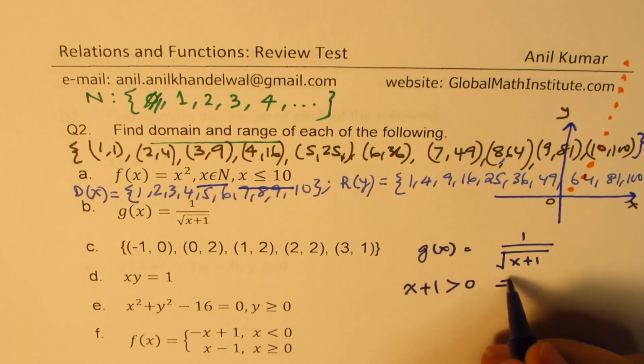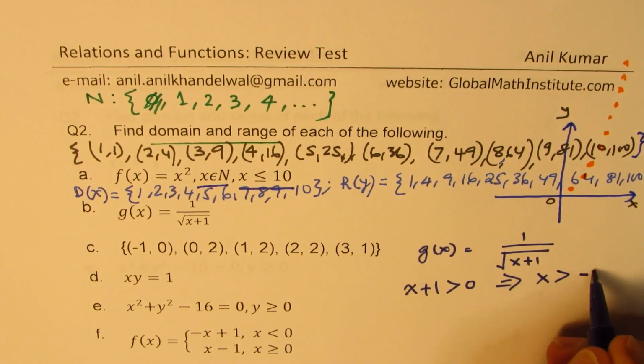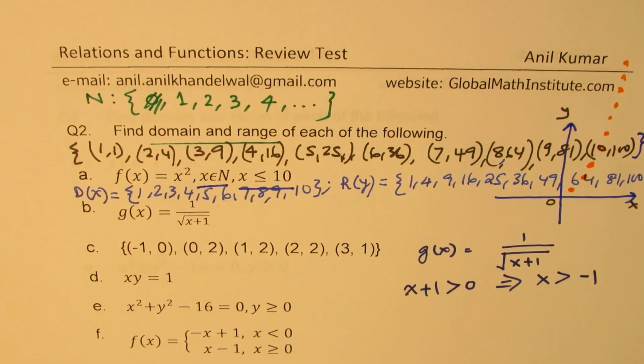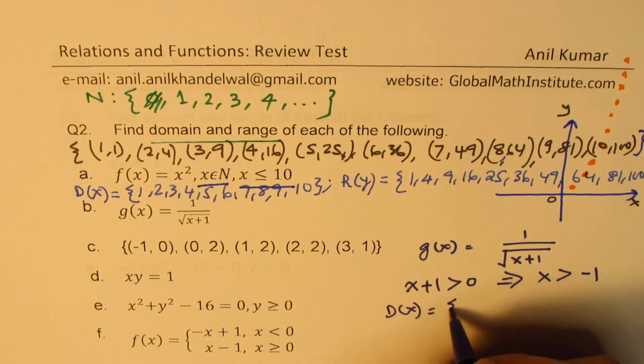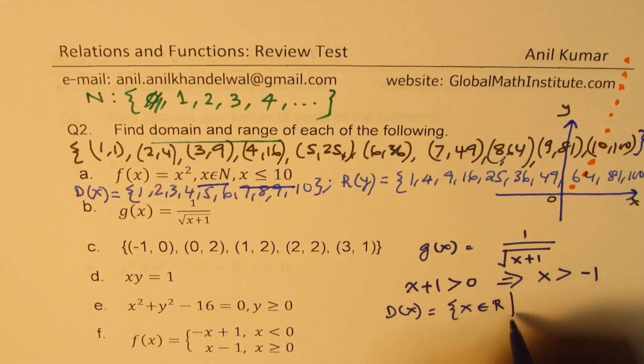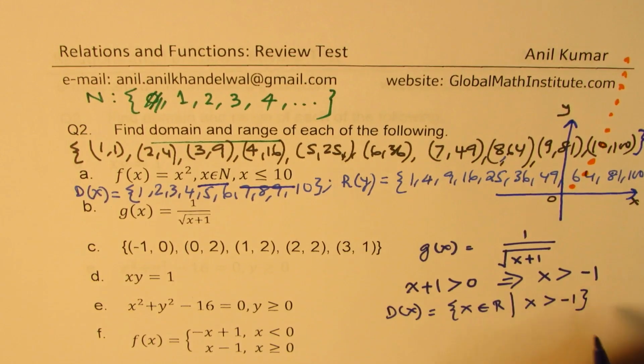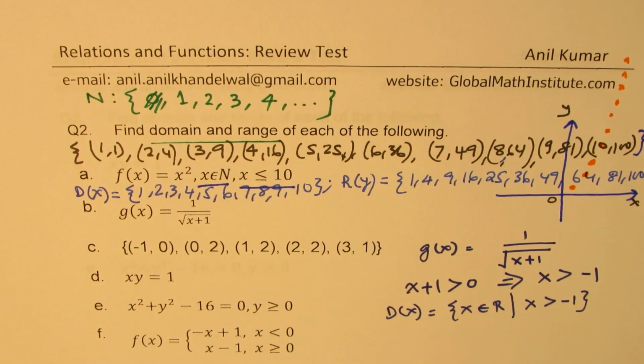That means x is greater than minus 1. So what we get here is the function whose domain is greater than minus 1. And therefore, for this particular function, we can write that the domain is x belongs to real numbers where x is greater than minus 1. Do you get the idea?